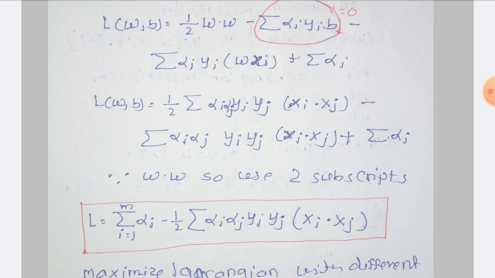By adding these, we get the final equation: L(w, b) is equal to summation from i equal to 1 to m of alpha i, minus half of summation of alpha i alpha j yi yj xi dot xj.